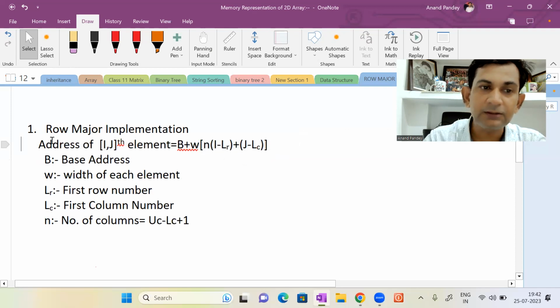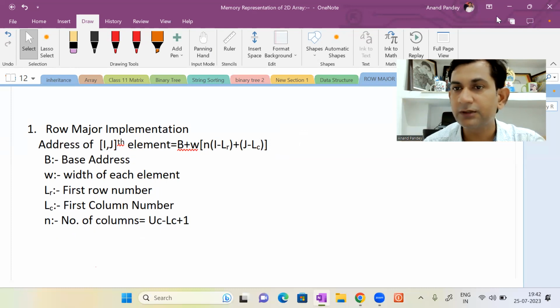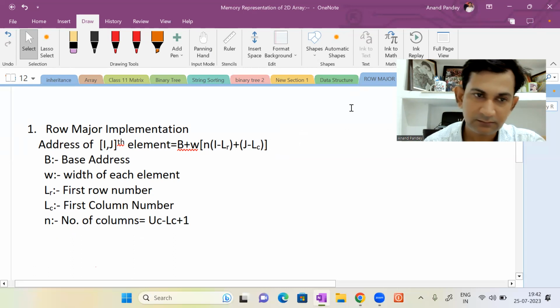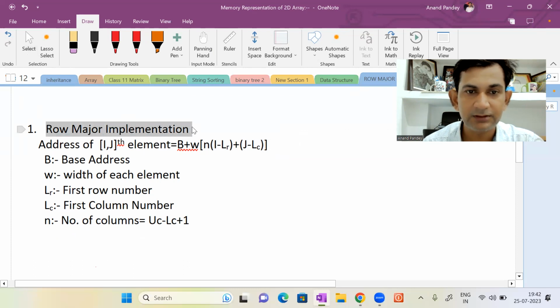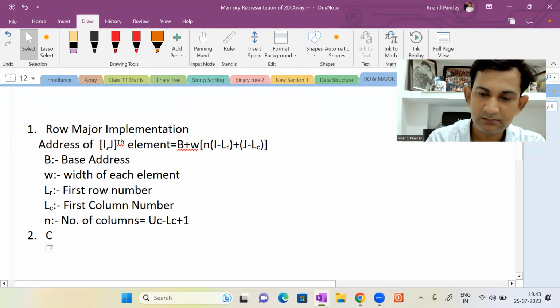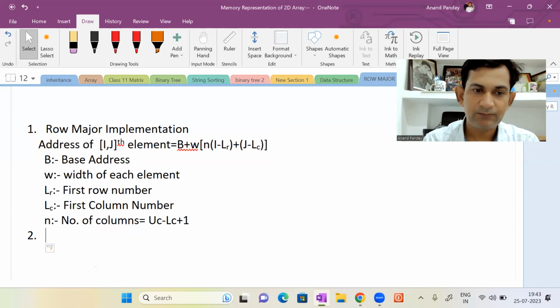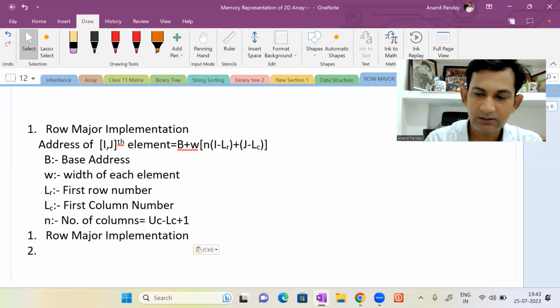Got it? And if you write the formula for the column major implementation, there is only a slight difference in this formula. Let me tell you what that slight difference is.